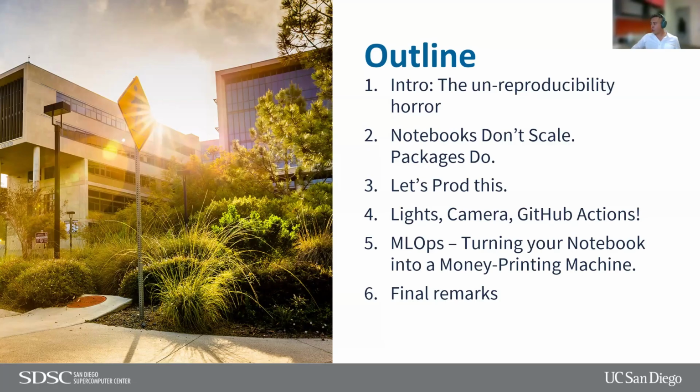Of course, if we're going to talk about production, we need to talk about GitHub Actions, something I guess most of you have experience with. Finally, we're going to talk a little bit about MLOps, how you can become more attractive to potential employers, and some final remarks. So let's dive into it.